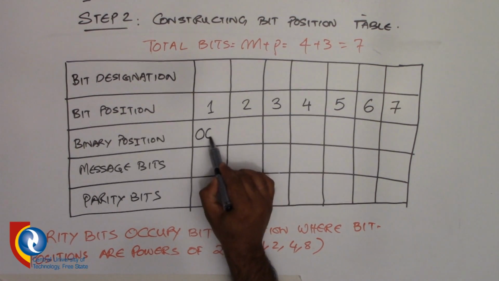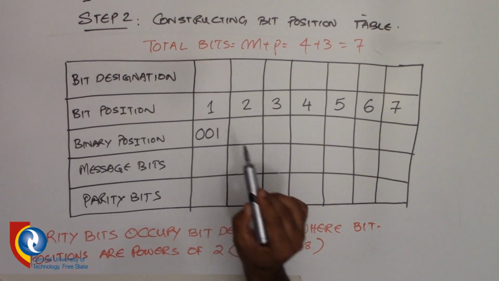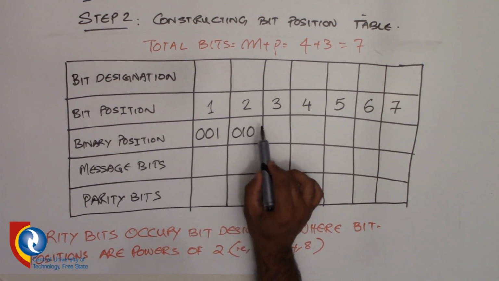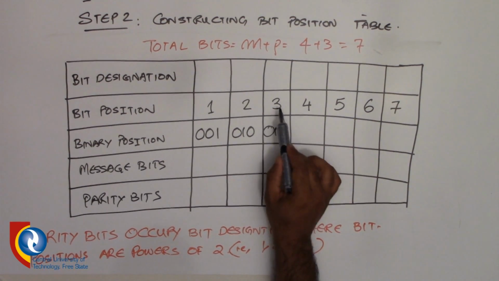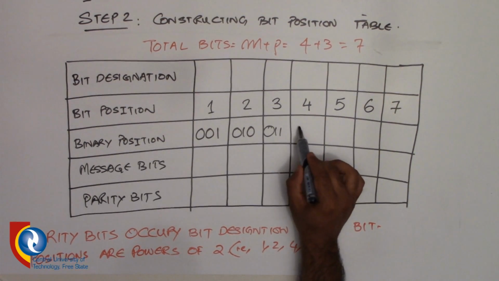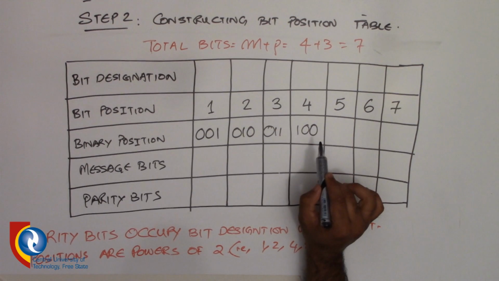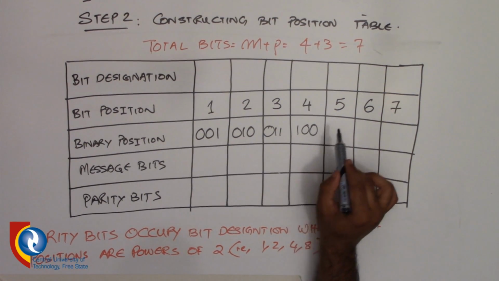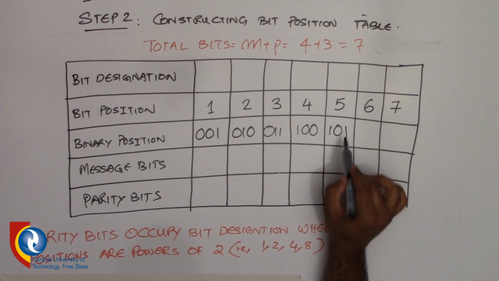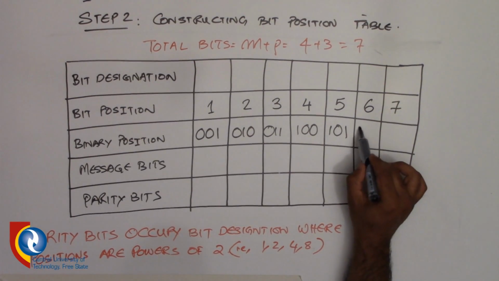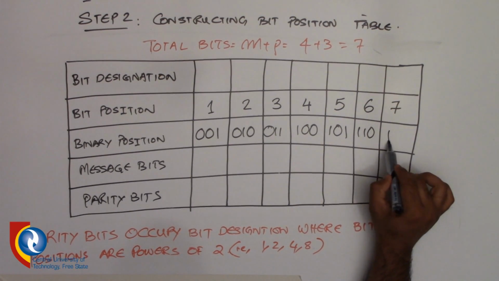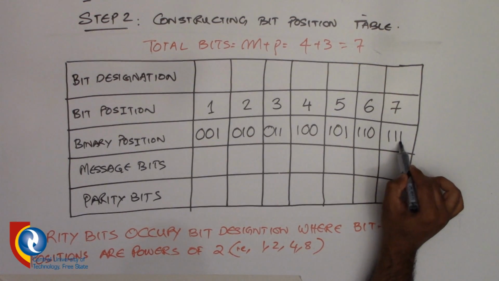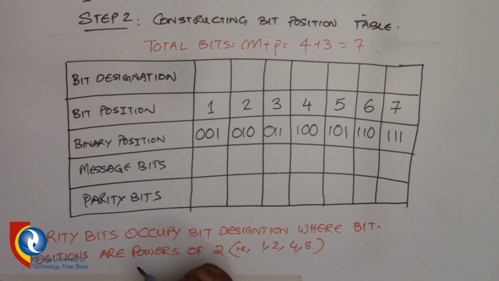So 001, which is binary for bit position 1; 010, which is binary for bit position 2; 011, which is binary for bit position 3; 100, which is binary for bit position 4; 101, which is binary for bit position 5; 110, which is binary for bit position 6; and 111, which is binary for bit position 7.